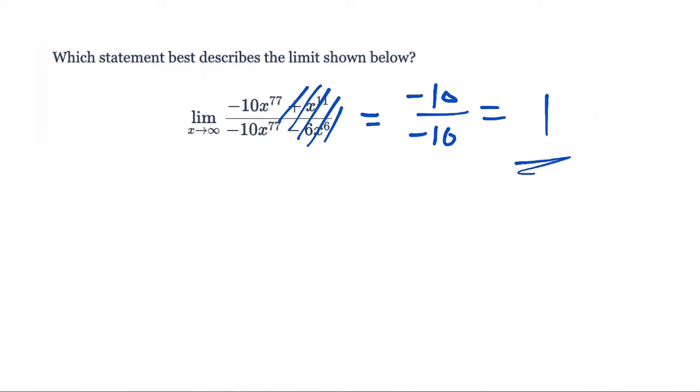So the answer is just 1. Because the power on the top is to the 77th power. The power on the bottom is to the 77th power. When we're taking a limit as x goes towards infinity, nothing else matters because, in order of magnitude, it just doesn't play a huge part into it. And that 77th power really plays the part. And they essentially reduce. I mean, for all intents and purposes, those two reduce and you get negative 10 over negative 10.